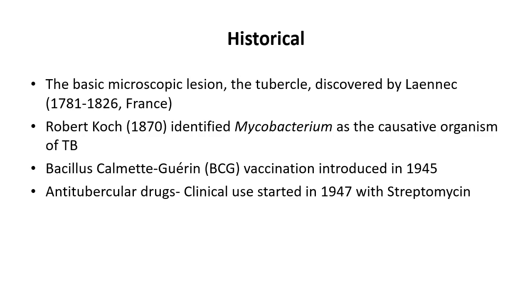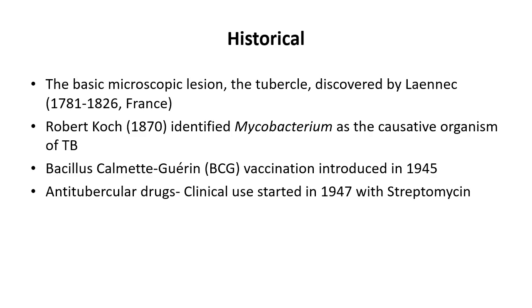The basic microscopic lesion was called the tubercle by René Laennec, a French physician, in 1819, and has been the basis of the name by which the disease is now known universally. Laennec was also incidentally the inventor of the clinical stethoscope.